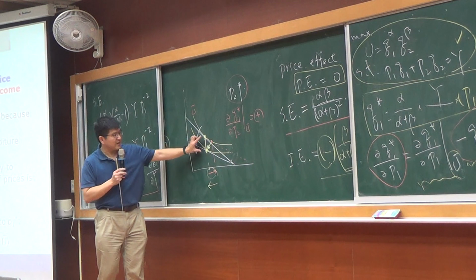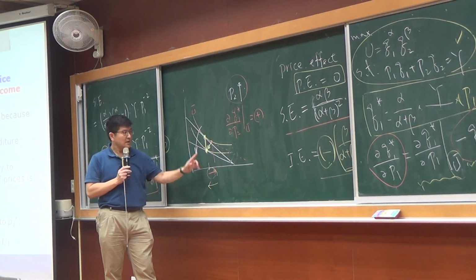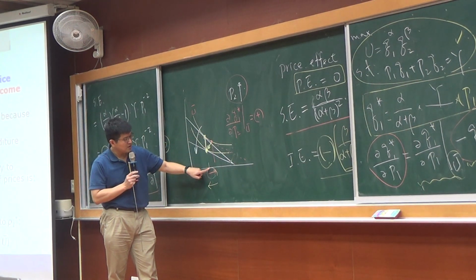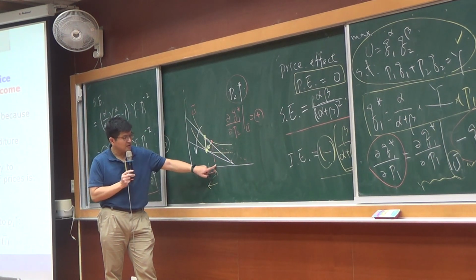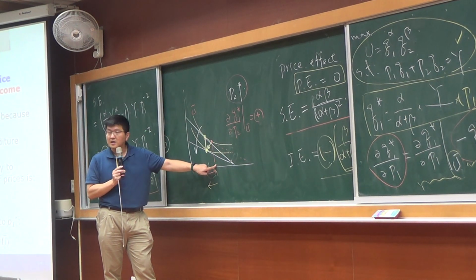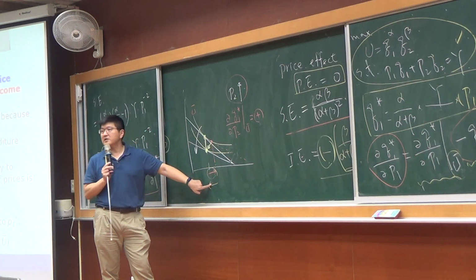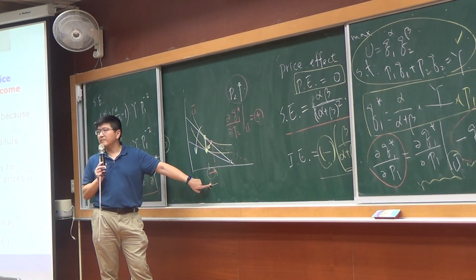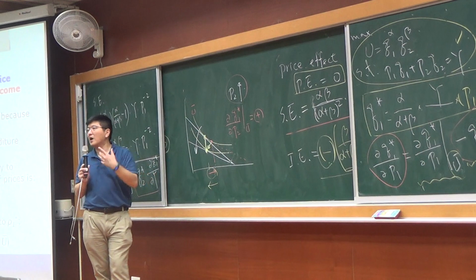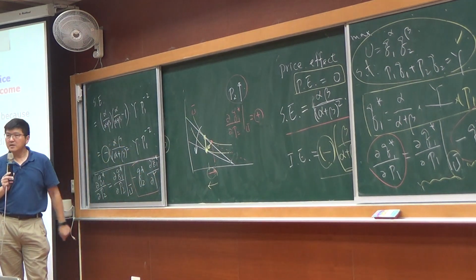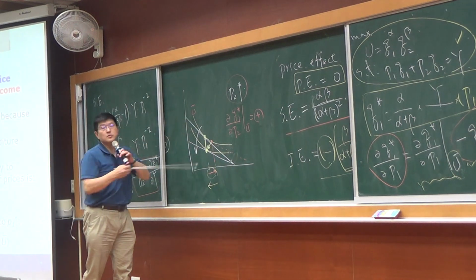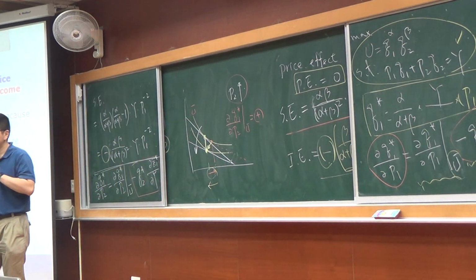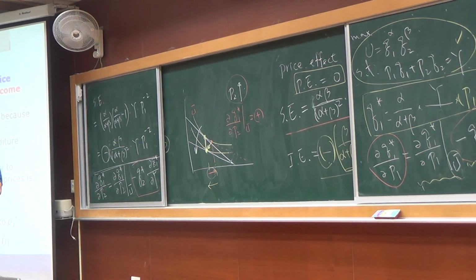So the price effect is 0. The substitution effect from here to here on Q1 is positive. However, the income effect is negative, because Q1 and Q2 are normal goods. Okay? And the rise of P2 means your real income will be cut.